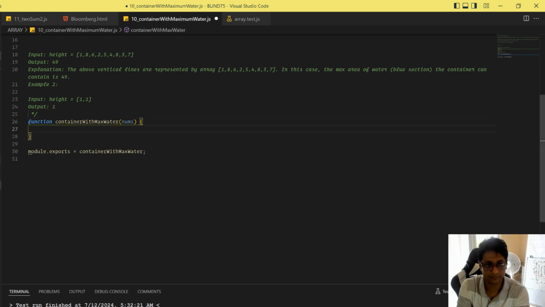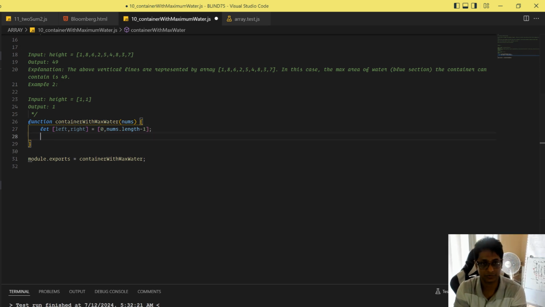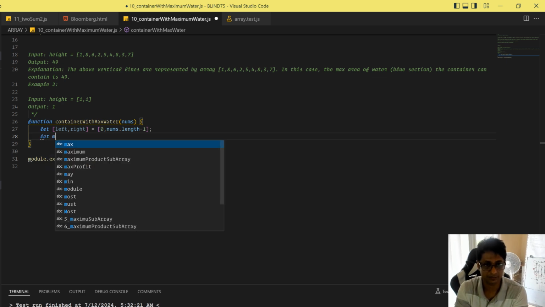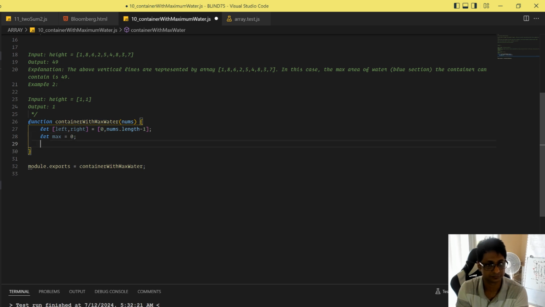Now we're going to find the left and right pointers. Let left and right pointers be: one side is 0 and the other side will be the last index, that is nums.length minus 1. Okay, now we have to let max equal to 0, right?